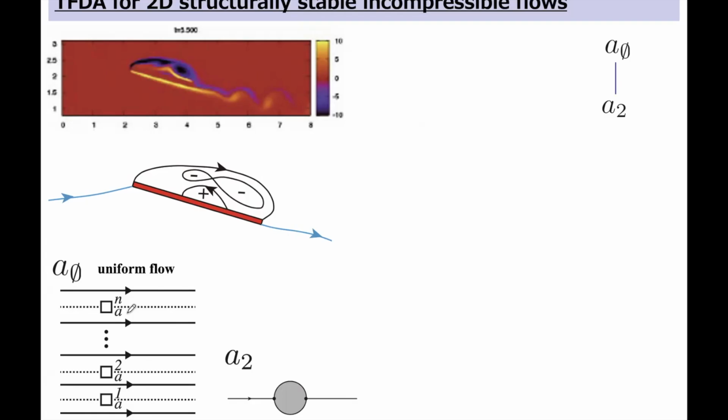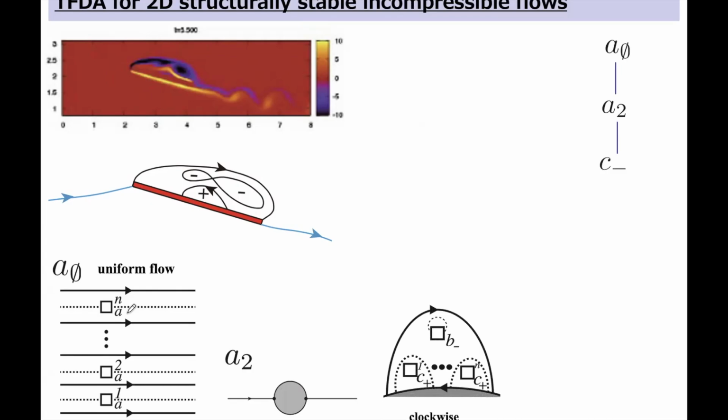This is a directed graph being constructed. Next thing we are going to do is identify another local structure attached to this boundary. This is here. This is a clockwise boundary saddle connection, which is called C minus structure. Then, as a substructure of this flow pattern, we create the graph from A2 to C minus.